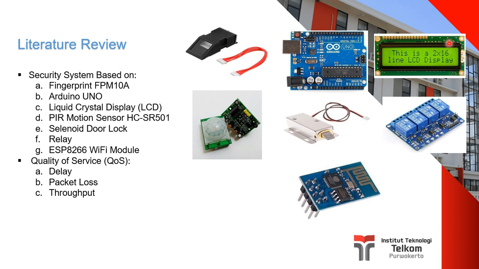The third is liquid crystal display or LCD, and the next is PIR motion sensor HC-SR501, and the next is solenoid door lock, and next is relay, and the last is ESP8266 Wi-Fi module. And the software we use is to calculate quality of service using delay, packet loss, and throughput.